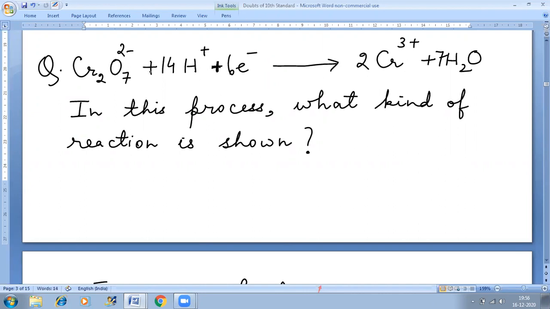Plus, that means on the reactant side of the reaction, that is on the left hand side of the arrow, you have a process wherein electrons are being accepted. How do I know that? Because I see plus electrons on the left hand side of my reaction. If I see plus electrons on the left hand side of the reaction, that means electron is being accepted by the reactant.